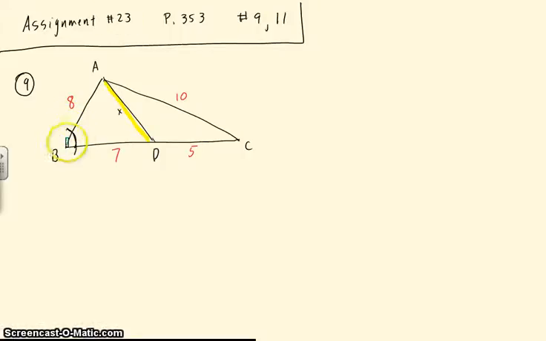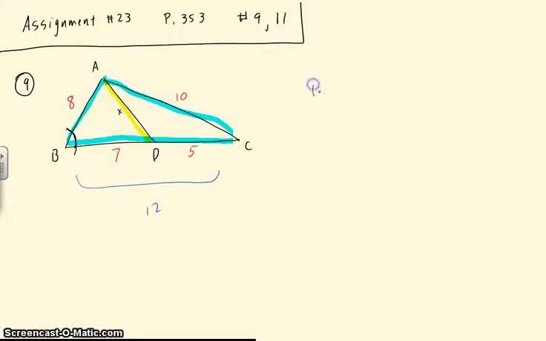If we're looking at the big triangle ABC, we can find a formula for the cosine of angle B using the law of cosines. So it would be something like this. This side is 12.